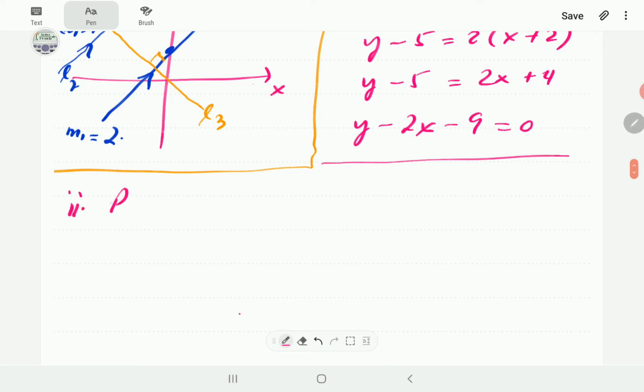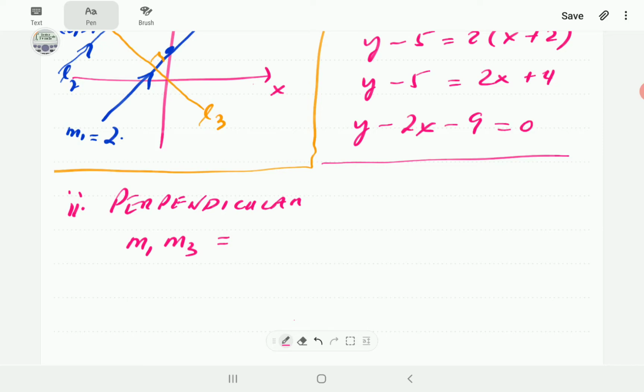Next we're going to look at the equation of the line perpendicular to L1. So this time, perpendicular. Now if L1 and L3 are perpendicular, then m1 times m3 is going to give us negative 1.